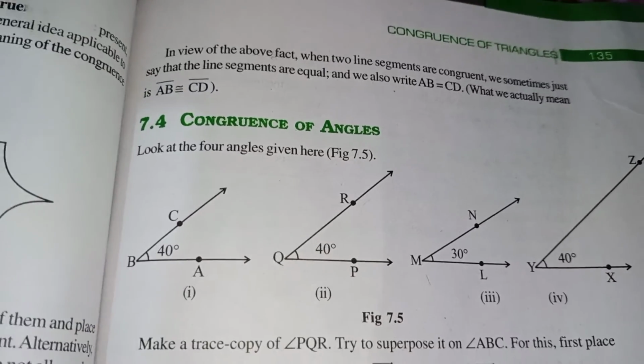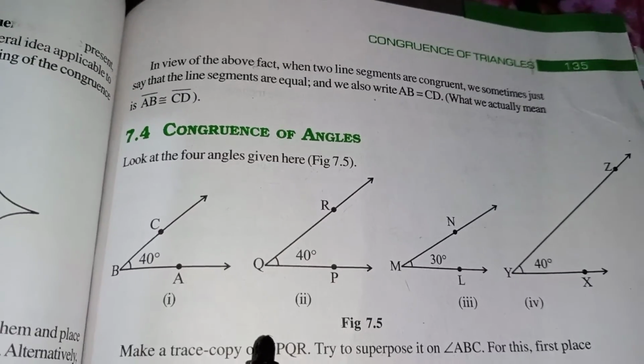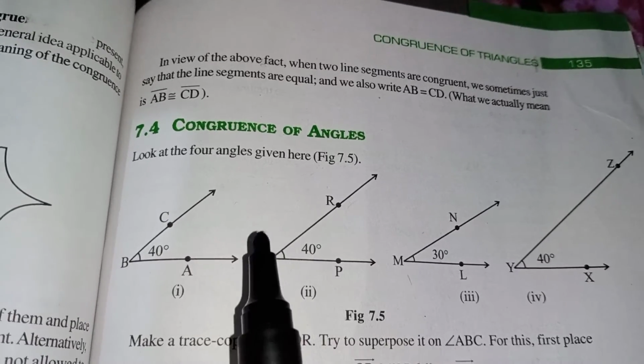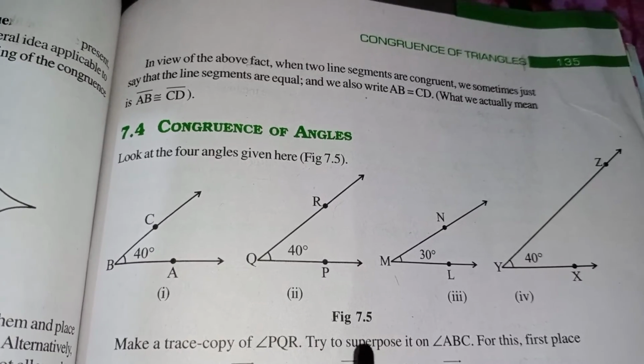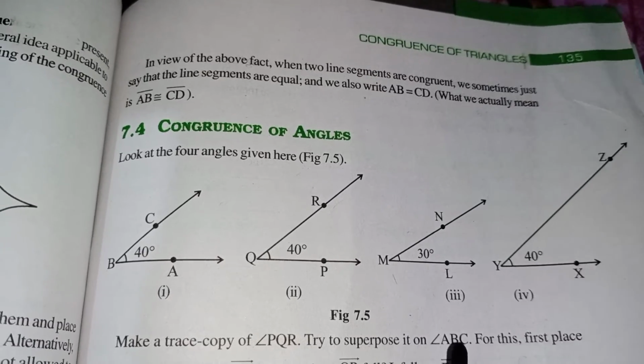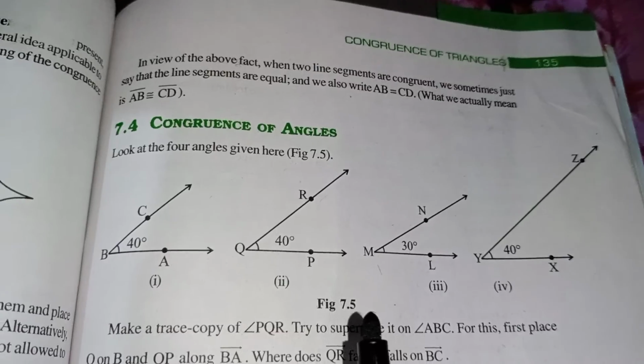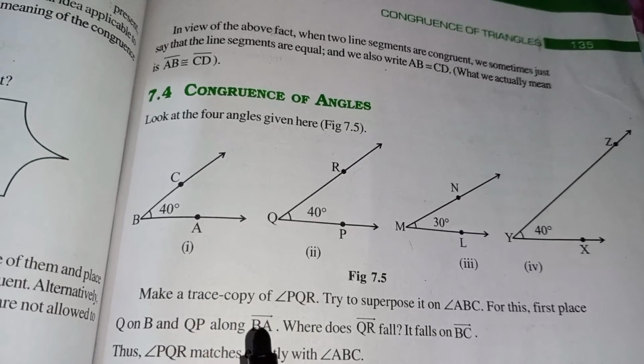So what do you see? We will trace angle PQR and we will draw it on angle ABC.